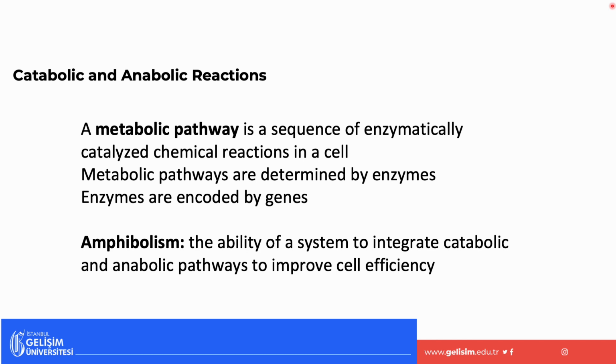We're taking a large molecule and making it small. On the other hand, when you take amino acids and you assemble them together to make proteins, that would be an example of anabolic pathways. So by integrating both types of pathways, the cell is able to balance its energy needs and avoid wasting resources.